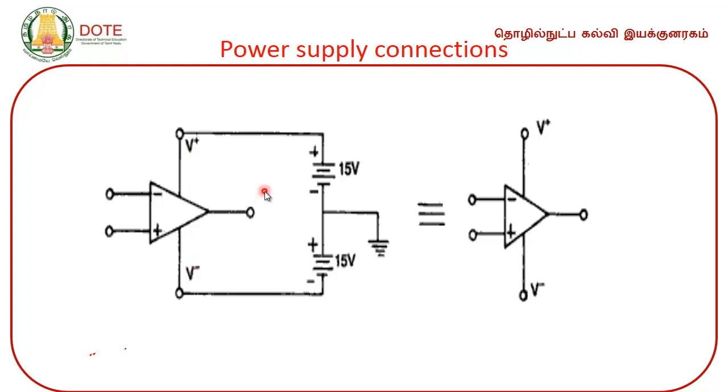Now you need 2 DC power supplies, 2 batteries shown here like this, and they should be connected like this. The negative terminal of one source should be connected to the positive terminal of the other source, and this point should be connected to the ground, right.